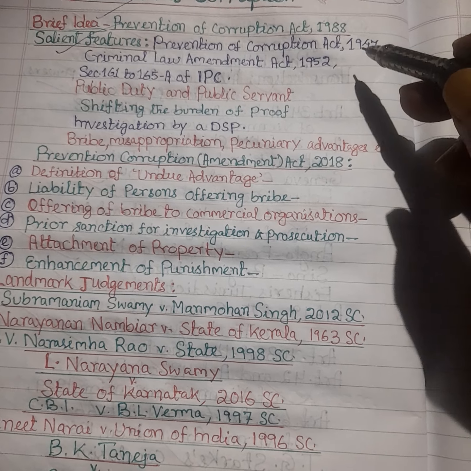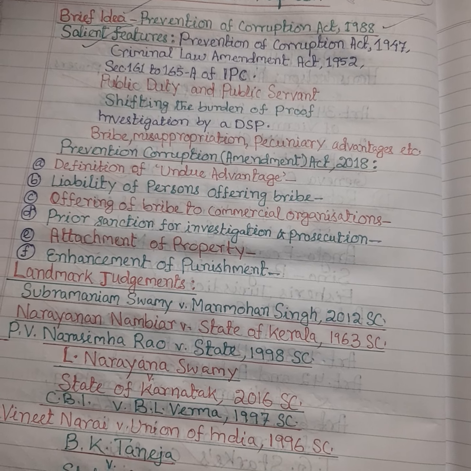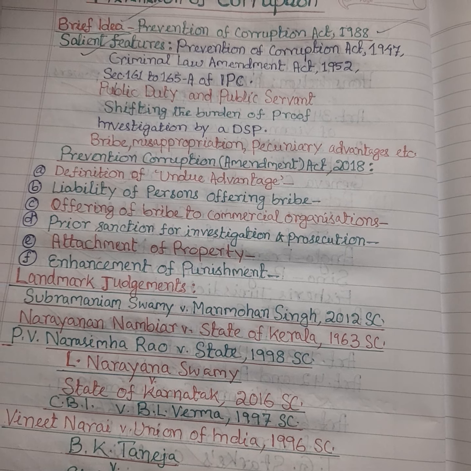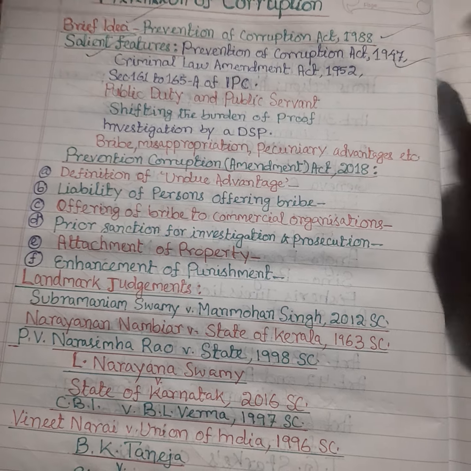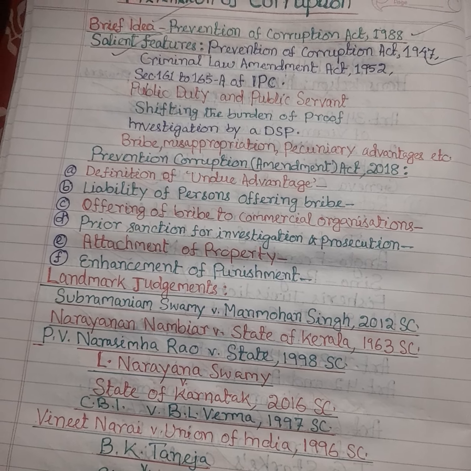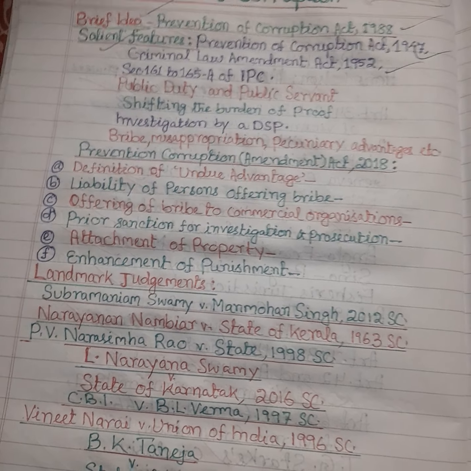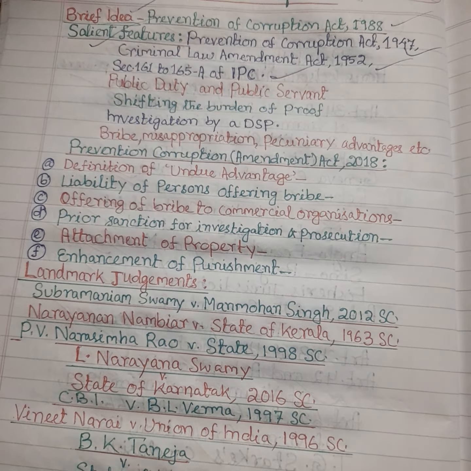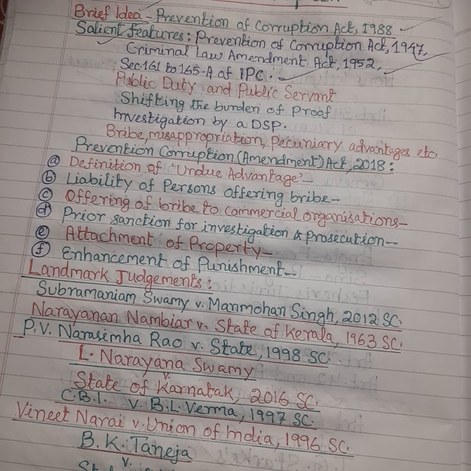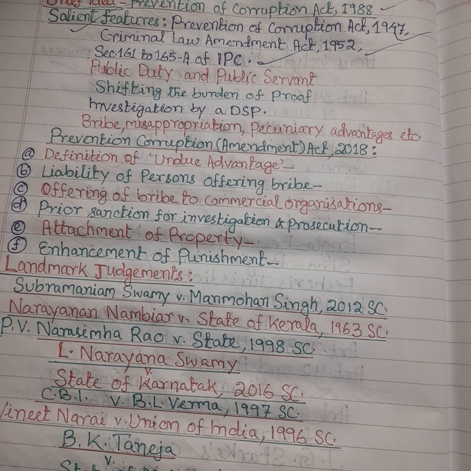And now we'll discuss salient features of the Prevention of Corruption Act, 1988. It incorporates the Prevention of Corruption Act 1947, the Criminal Amendment Act 1952, and Sections 161 to 165A of the Indian Penal Code with certain original provisions.